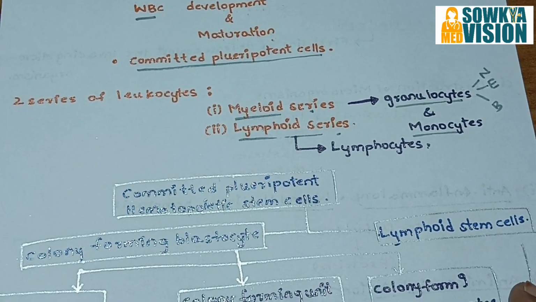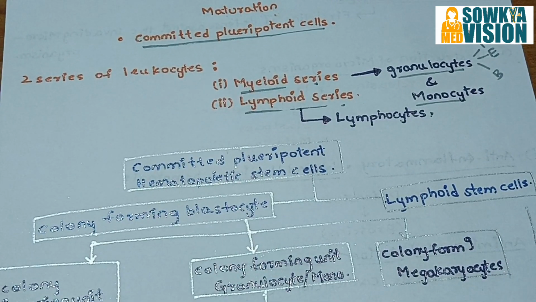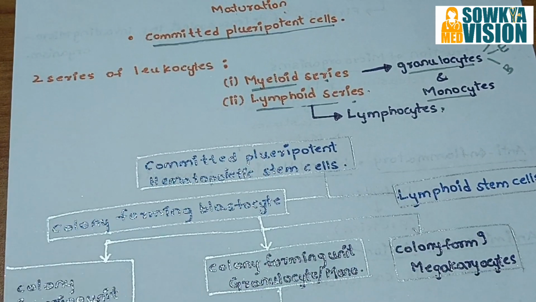Now let's see the process of leucopoiesis. From committed pluripotent hemopoietic stem cells, these are the progenitor cells, two cells come: colony forming blastocyte and lymphoid stem cells.